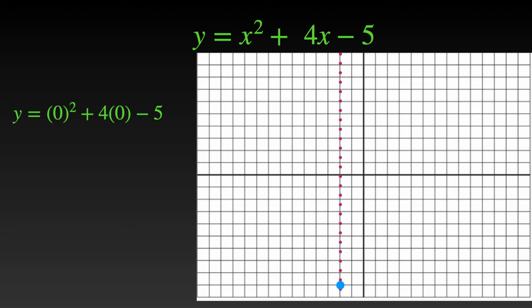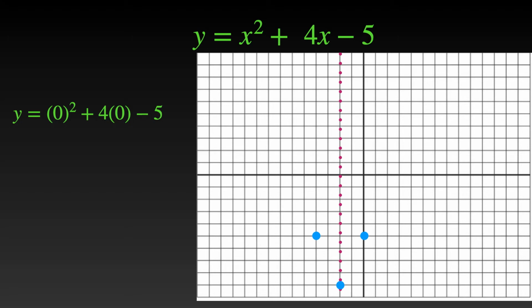And in this case, the constant is -5. So my y-intercept is at (0, -5). All right. Oh, that didn't quite get me there, did it? I remember I want to see where this parabola goes through the x-axis.